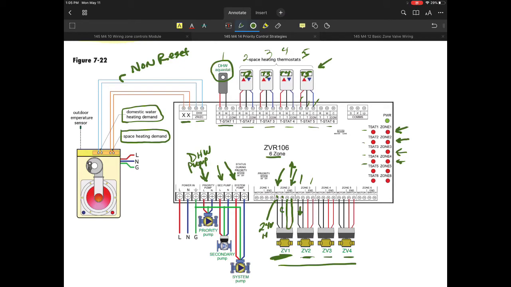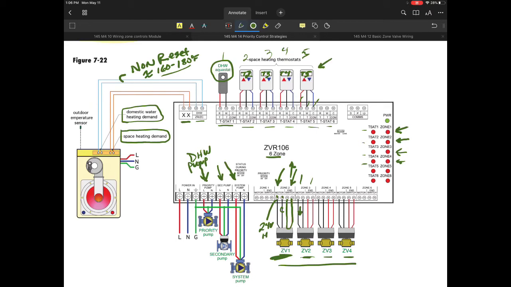Now, the reason why that's important is this demand would be what we call non-reset. That means that where you would likely set up a domestic water demand, you would have a set point that the boiler would heat the water up to.